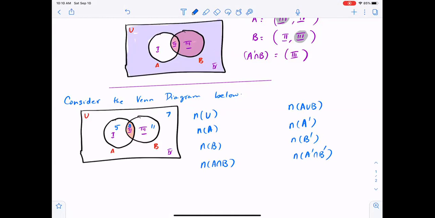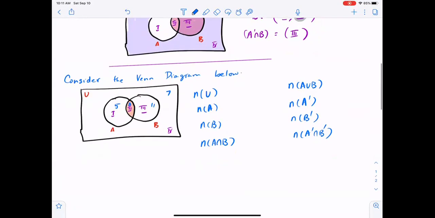I'll show you how one can do this with writing out the regions, but it's not necessary with practice. You can simply find the total. Keep in mind, the purpose of cardinality is to put them together and get to probability and make inference. There is no need to explicitly write the elements out. What we want in practice is the cardinality.